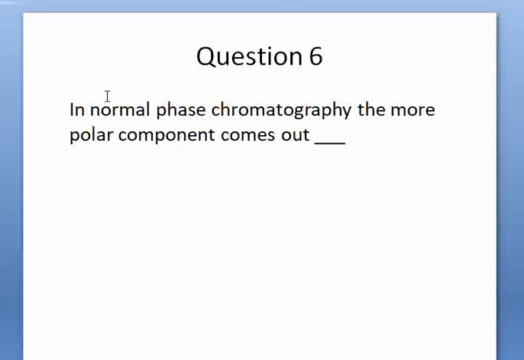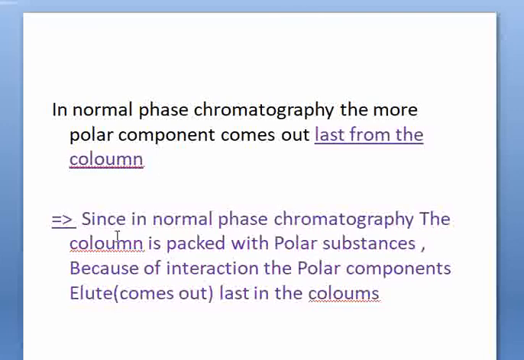We have to keep that in mind. Here, since it is a normal phase, the stationary phase will be polar. So the column is packed with a polar substance in normal phase chromatography.